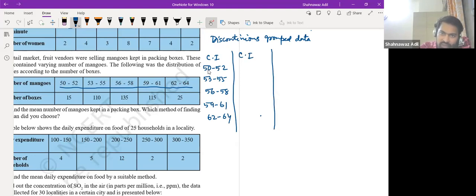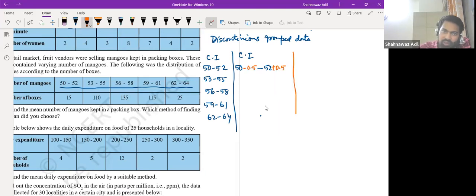So we subtract 0.5 from the lower limit and add 0.5 to the upper limit. Plus and minus. So let me write it: 50 minus 0.5, and then 52 plus 0.5.